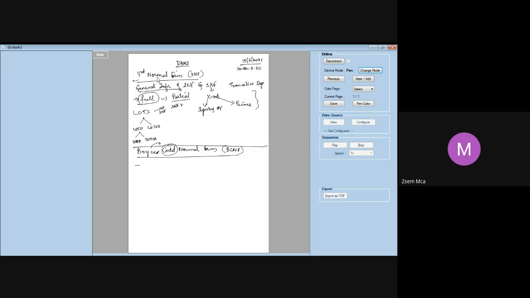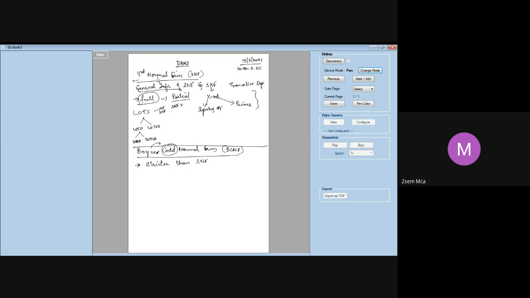The first point you have to understand in Boyce-Codd normal form is that it is a little stricter than third normal form. Stricter means it is a slightly stronger version of third normal form.